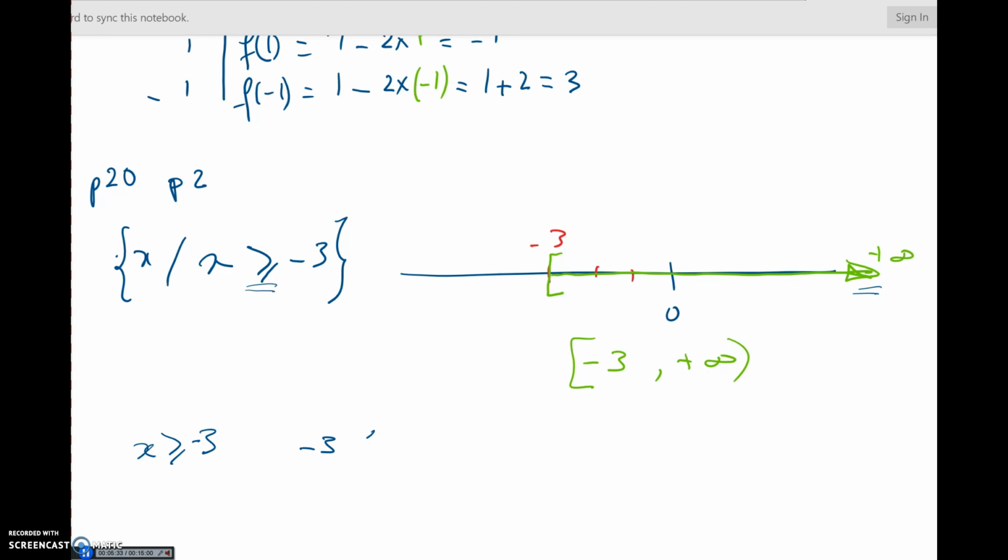Both mean exactly the same thing, because when I read my inequality, I always start from my variable. So right there, my variable is greater than or equal to negative 3. Both will give me exactly the same interval notation, which is right there.